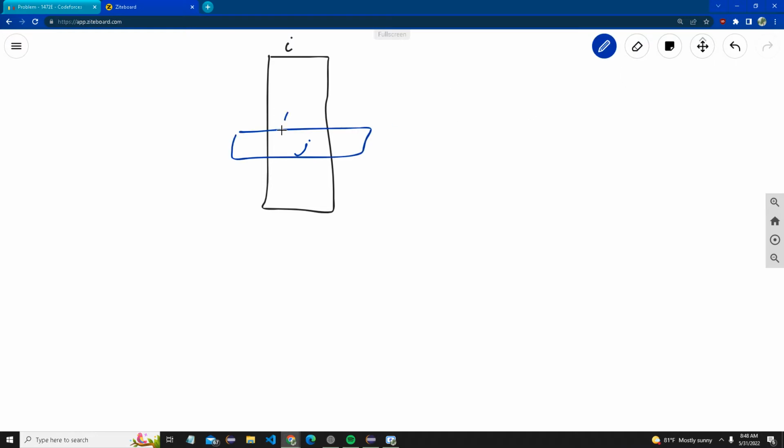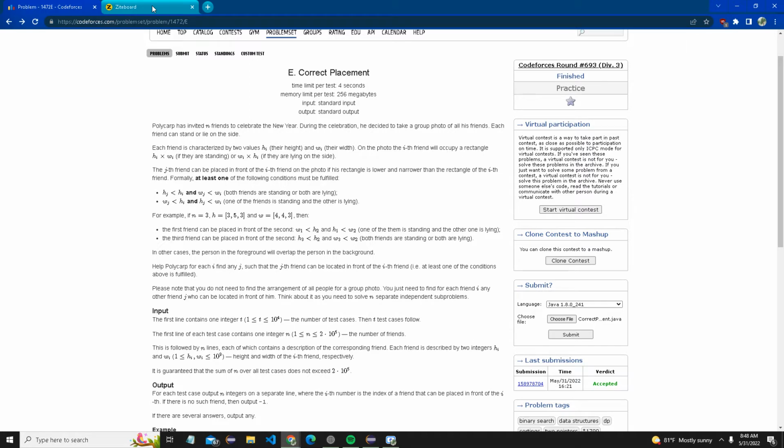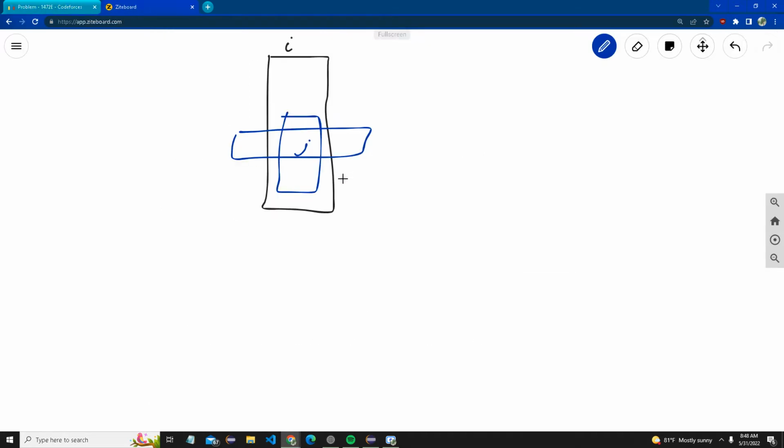If I rotate J 90 degrees, then the rotated variant of J can fit inside rectangle I. So when you're looking for other rectangles, you need to realize that if it doesn't fit with the initial orientation, you can rotate it so that it does fit in rectangle I.